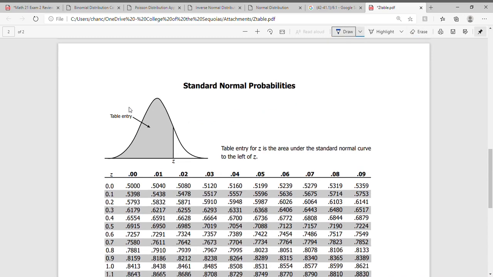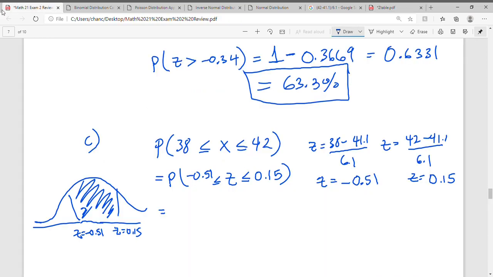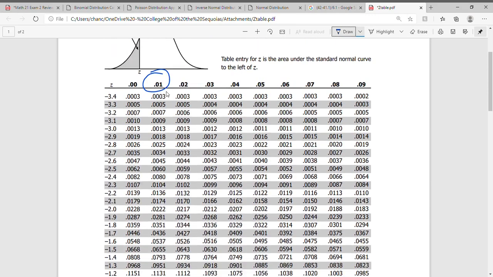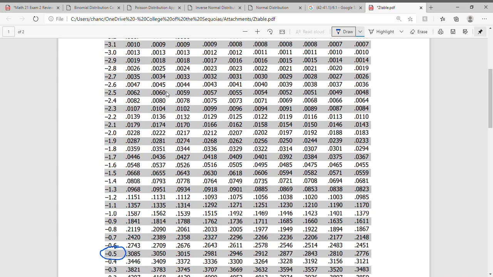The area for 0.15 is 0.5596. So we'll write down 0.5596, and then we'll subtract the area to the left of negative 0.51, which is 0.3050.